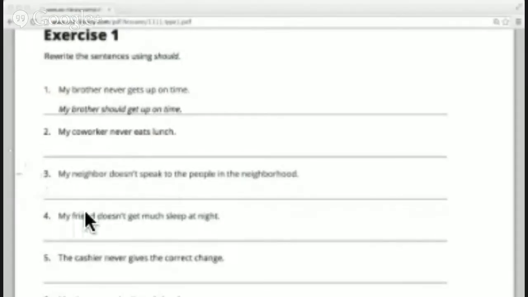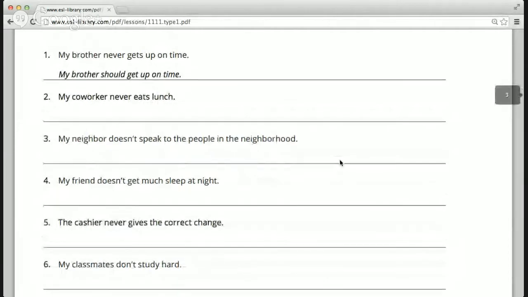Okay, number 4, Miad. My friend doesn't get much sleep at night. My friend should get much sleep at night. Okay, let's try that one more time. We're going to say more instead of much.